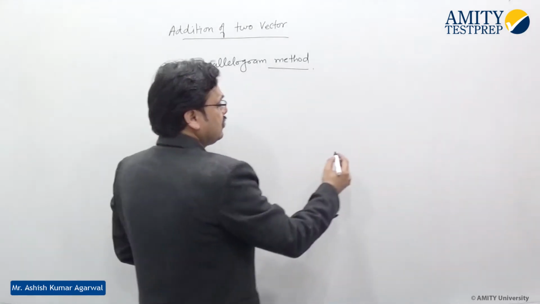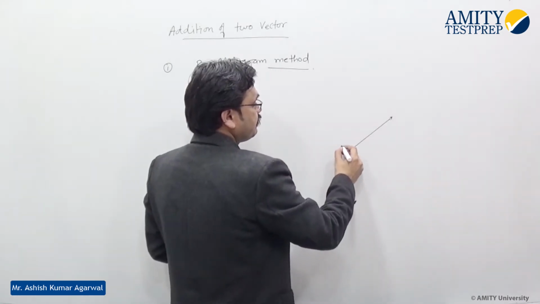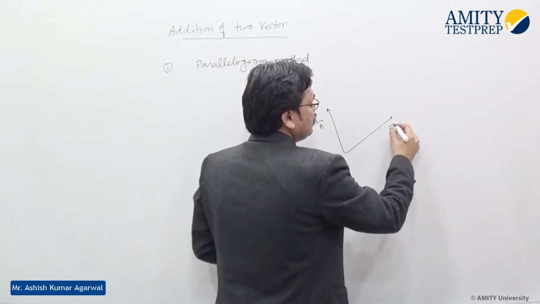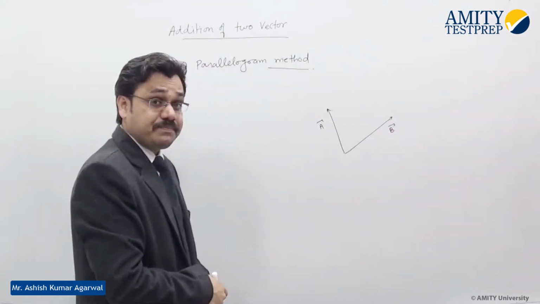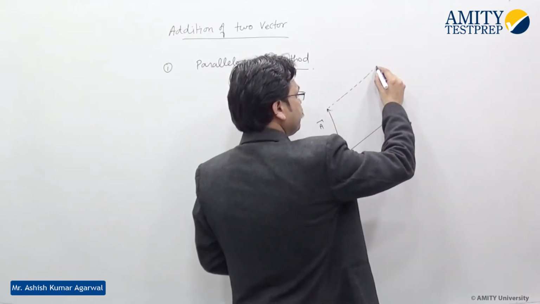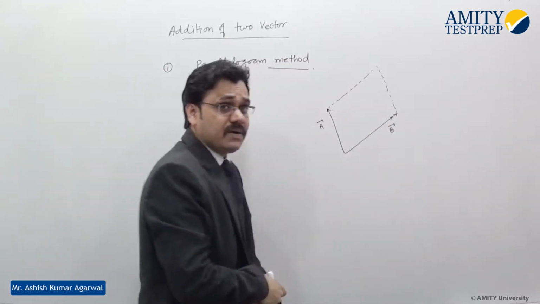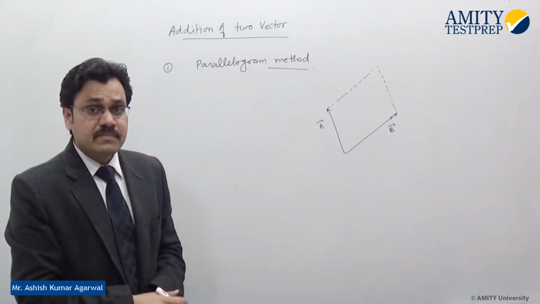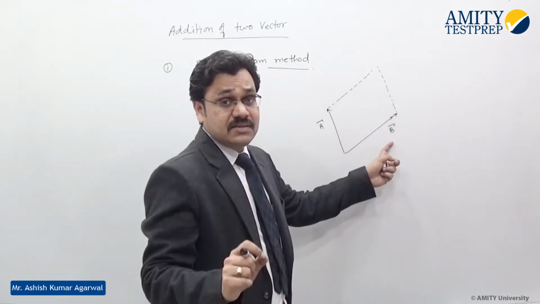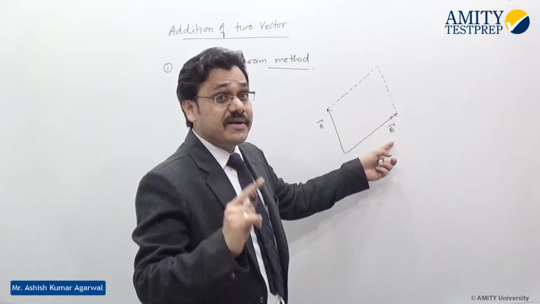So it means these two vectors are represented by the two sides of the parallelogram, and complete the parallelogram now. If you complete the parallelogram, the resultant of these two vectors is given by the co-initial diagonal.